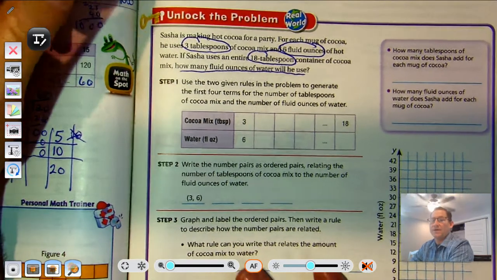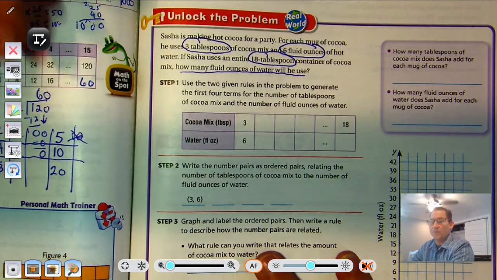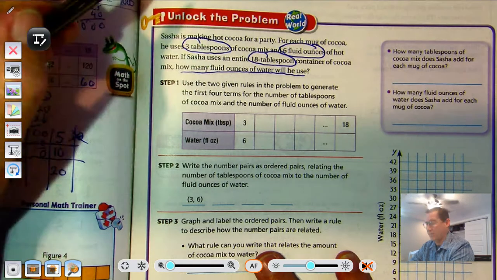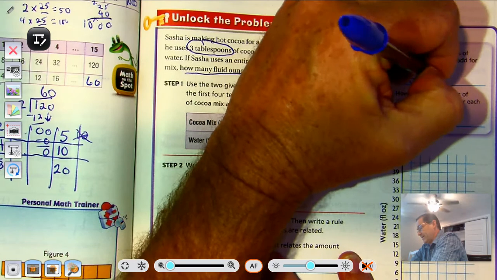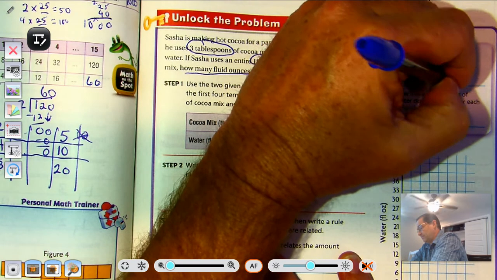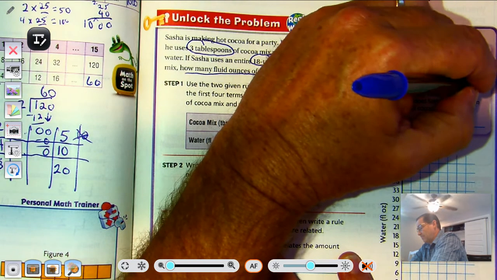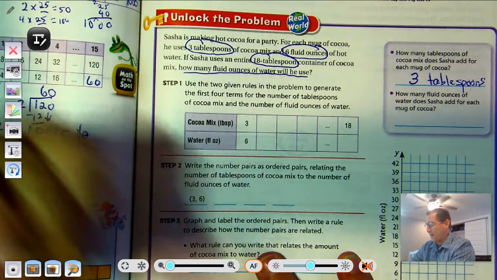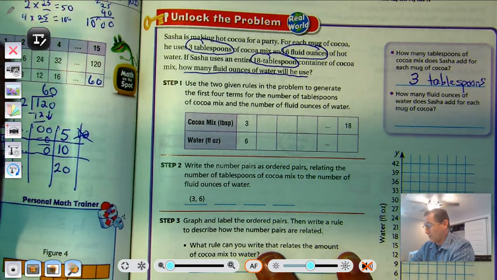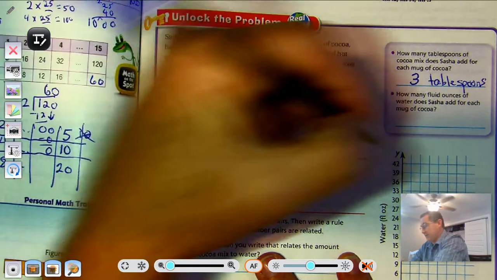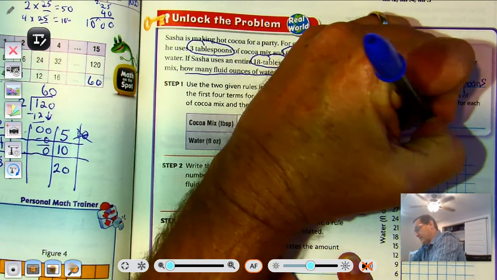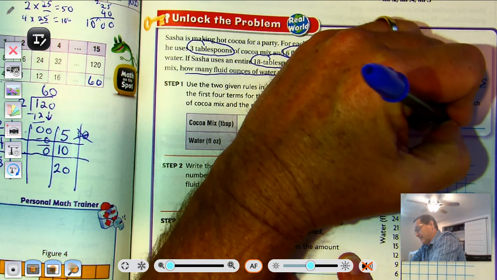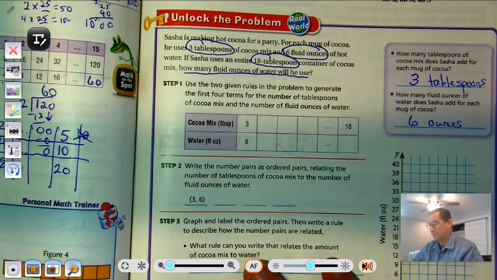All right, so how many tablespoons of cocoa mix does Sasha add for each mug? 3 tablespoons. And then how many fluid ounces of water does Sasha add for each mug of cocoa? It says 6 fluid ounces per mug. So 6 ounces of hot water.